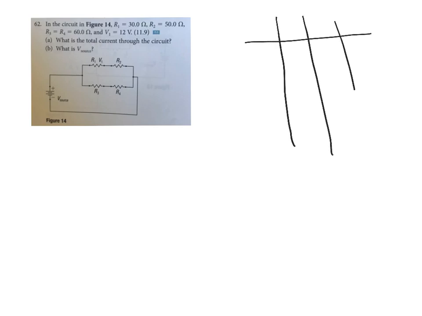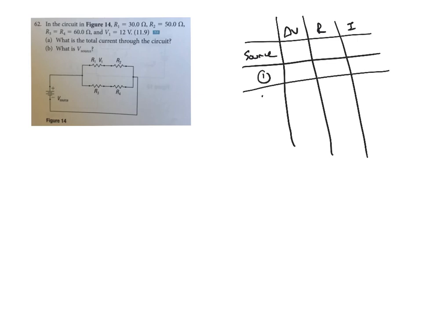Okay, so this is a bit more interesting. I'm going to draw my table to start. Voltage, resistance, current, source, and there's 4 loads here. So 1, 2, 3, 4. Okay, I'll write what I know.